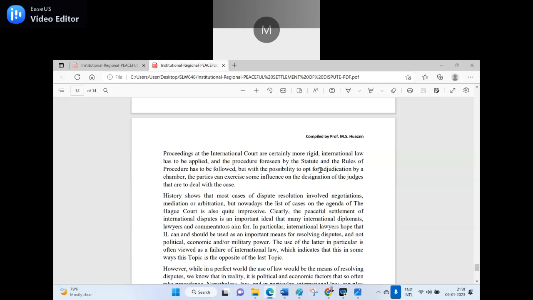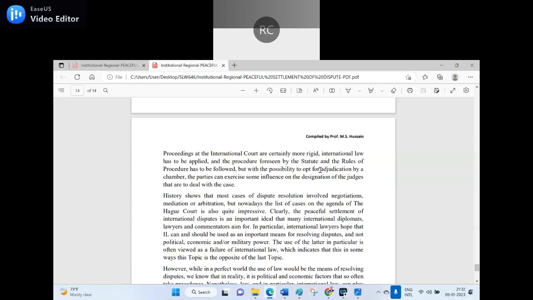And these legal service authorities try to solve the disputes by amicable means, in the form of arbitration, in the form of settlement of the dispute by calling the parties.